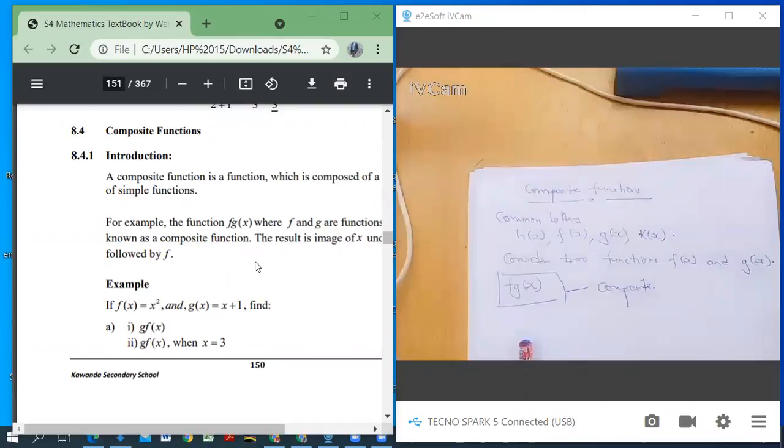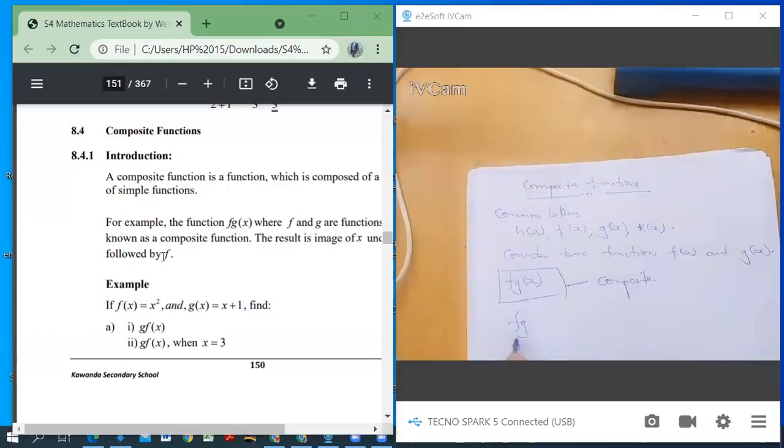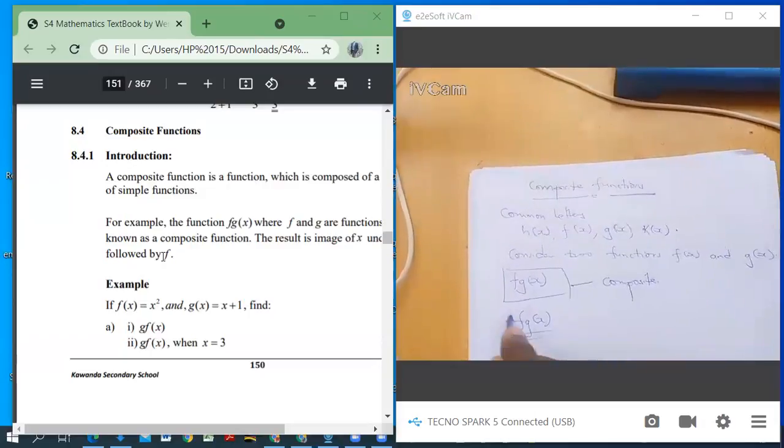The result is the image of x, followed by f. So when I have fg of x, what we get is a combined image of f and g.